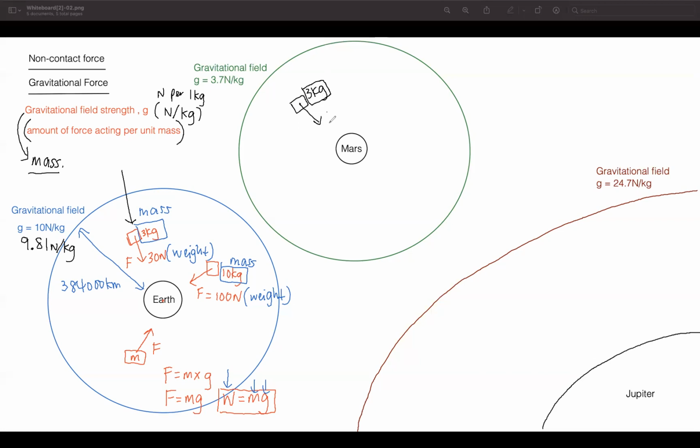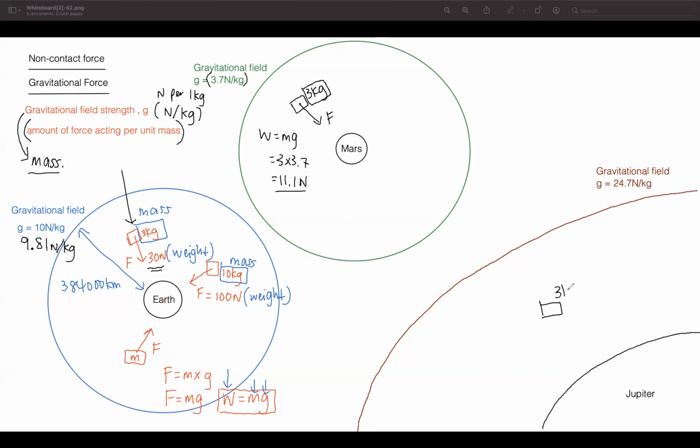Here, force acting, we use W equals mg. So 3 times the strength of Mars, which is 3.7, is 11.1 Newton. Compare the weight. Here on Earth, the object weighs 30 Newton. On Mars, it weighs 11.1 Newton. So it weighs less.